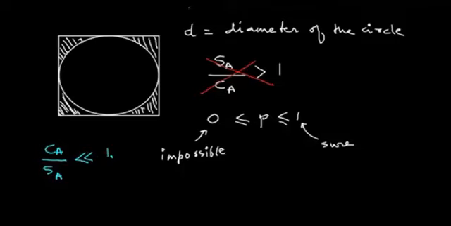If the circle is a small circle inside the square, the probability should be pretty big that the point would lie outside. Exactly. But your formula doesn't support that. If I were to apply this formula, the probability would be much, much smaller. Smaller the circle, smaller the probability. So what's going on?